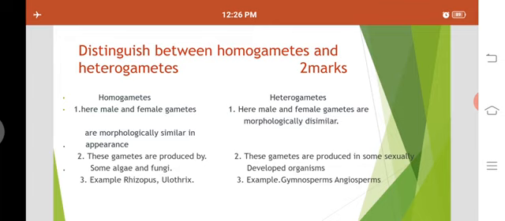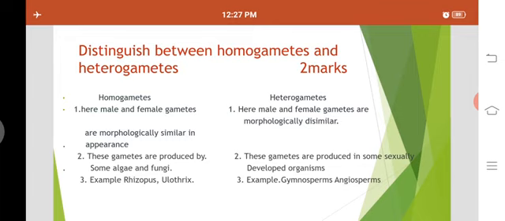All the gametes are haploid in nature because gametes are produced by undergoing the meiotic cell division, meiosis. Meiosis is also called the reductional cell division because it reduces the chromosome number to half. By that, diploid cells get converted into haploid, and the gametes are produced and these gametes are haploid in nature.